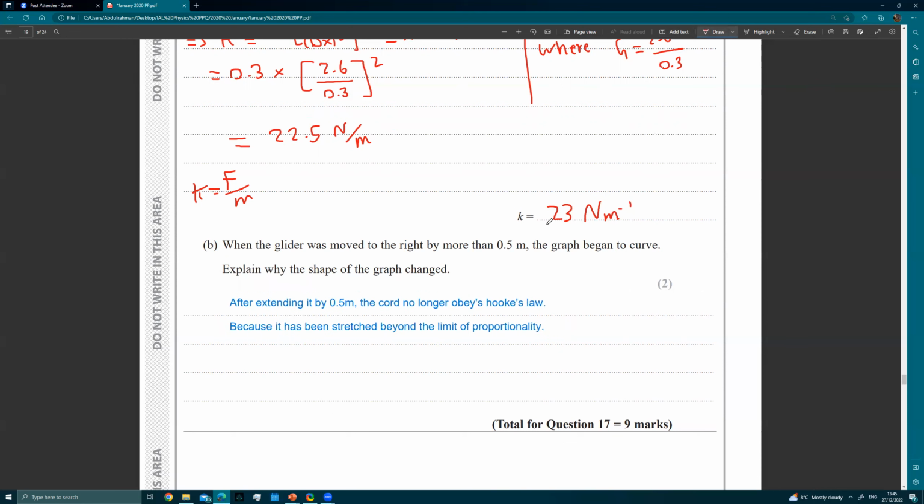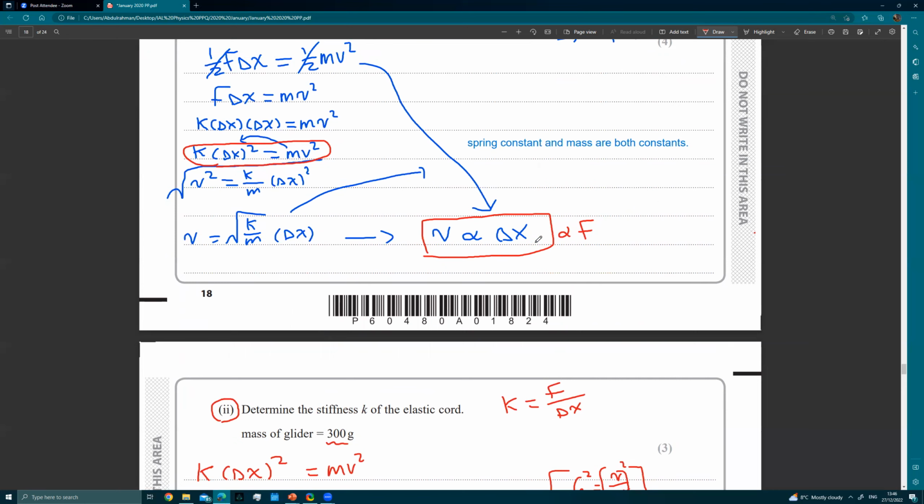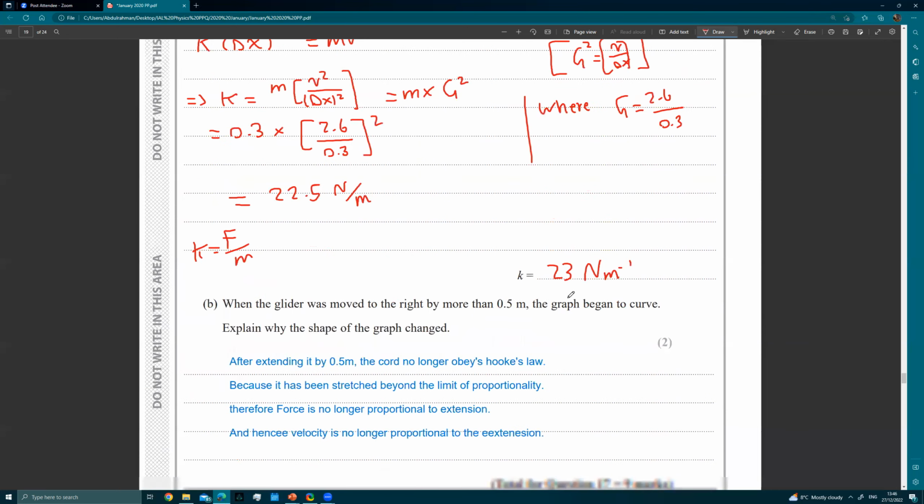And that would mean that velocity is no longer proportional to extension. Good, because we figured out here that velocity is proportional to extension, and we know extension is proportional to force. So if force is no longer proportional to extension, that would also mean force is no longer proportional to velocity.